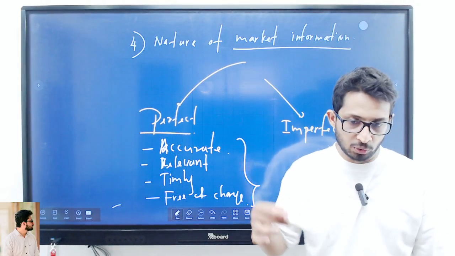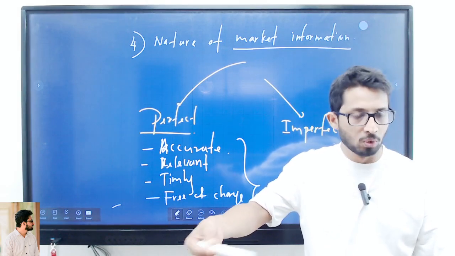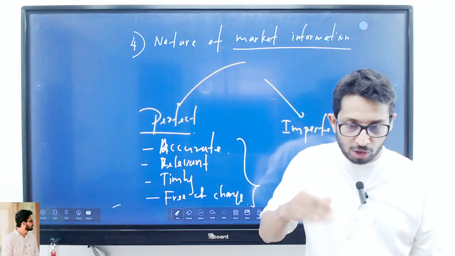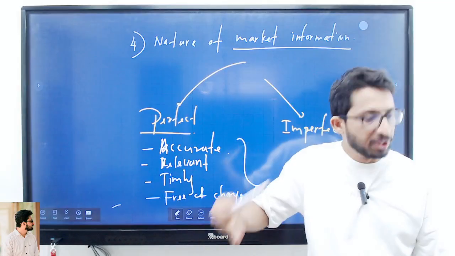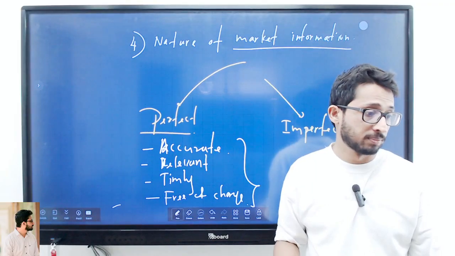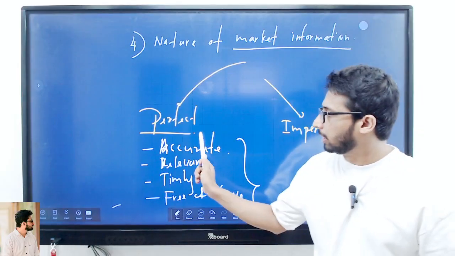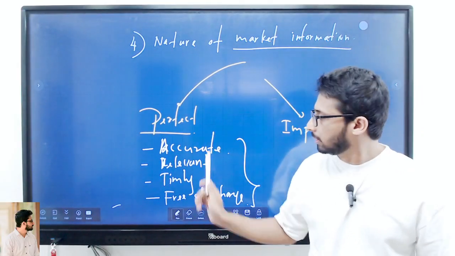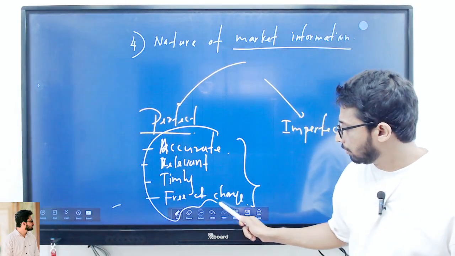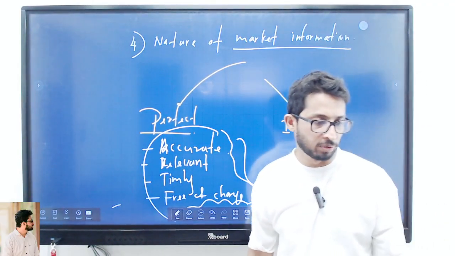Assume you want to enter a certain industry, such as soft drinks or toothpaste, as a firm. Then you need information to make that decision. If you can get information which has these 4 characteristics, accurate, relevant, timely, and free of charge, that is called perfect information.